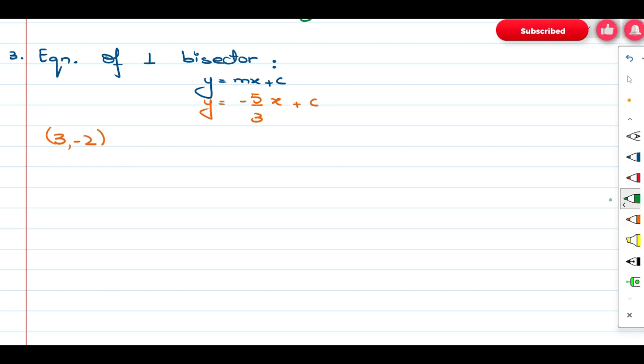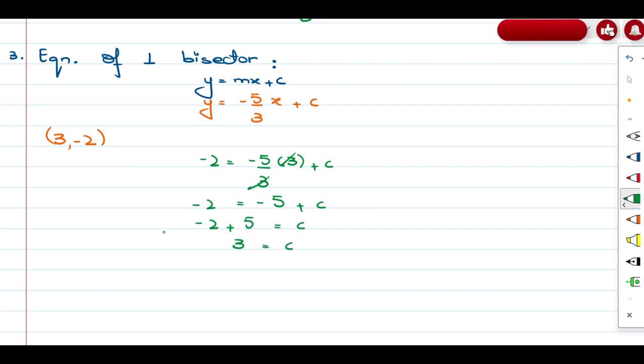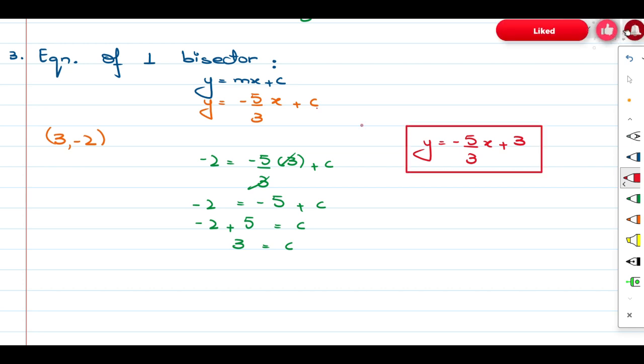You will get the c. Okay, so -2 equals minus 5 over 3 times x value 3, plus c. 3 is cancelled with 3. So minus 2 equals minus 5 plus c. Shift the minus 5 to the other side, it becomes plus 5, equals c. So 3 equals c. From 5 take away 2 is 3. You get c as 3. Okay, now y equals minus 5 over 3 x, right, and the c value is positive 3. This is the equation of the perpendicular bisector of that line.